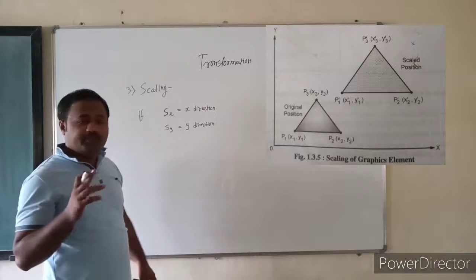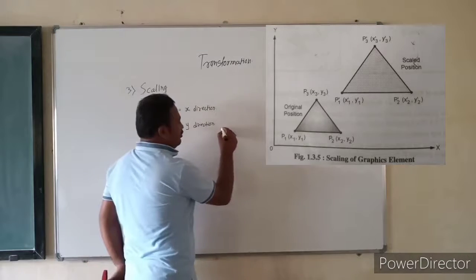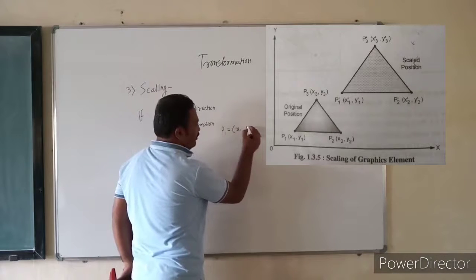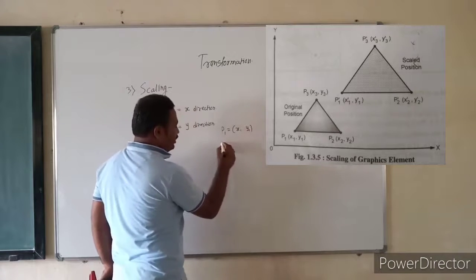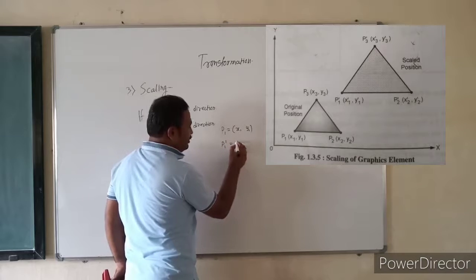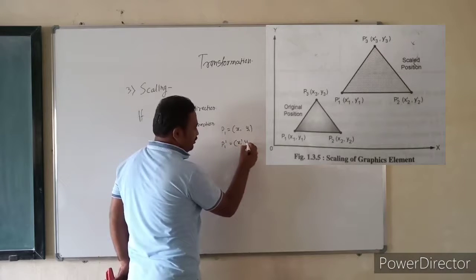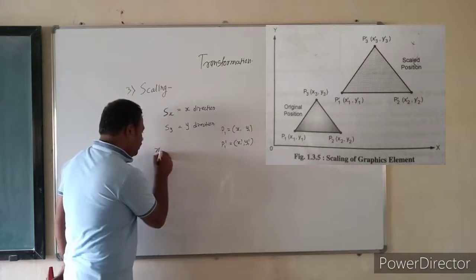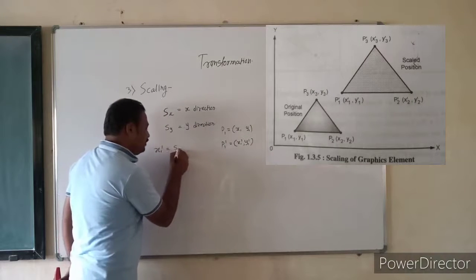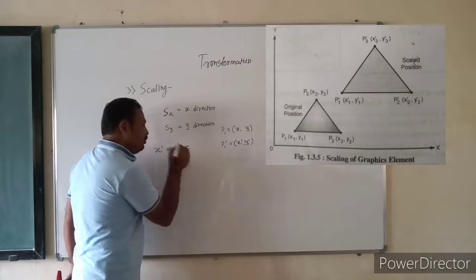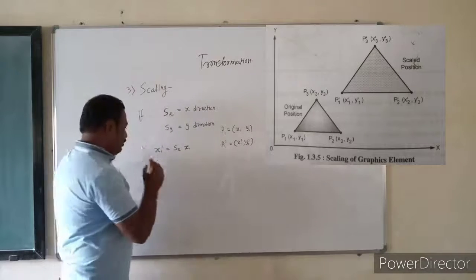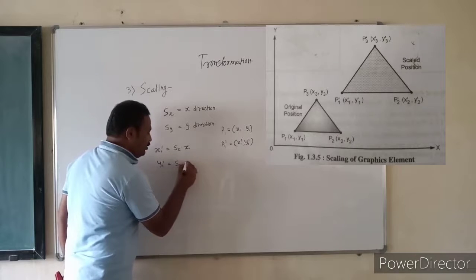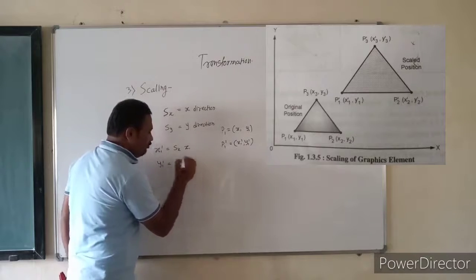of point P1. Original coordinates of point P1 is x1, y1. The new coordinates of P1, that is P1 dash, is x1 dash, y1 dash. x1 dash is equal to Sx into x1 and y1 dash is Sy into y1.